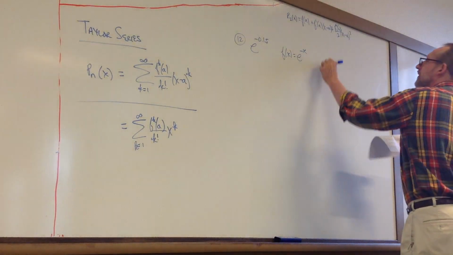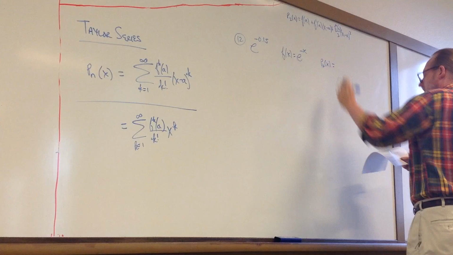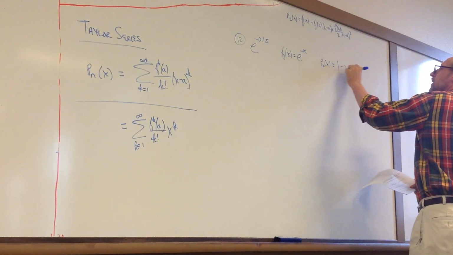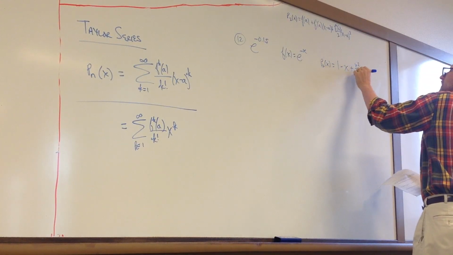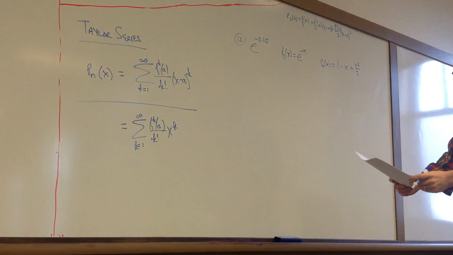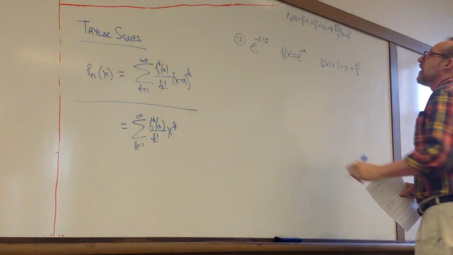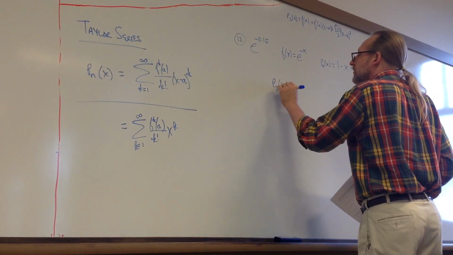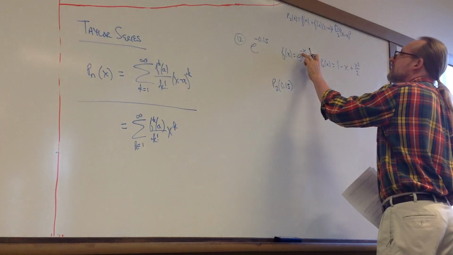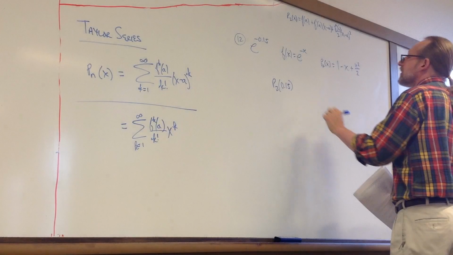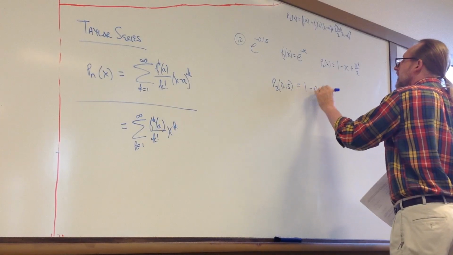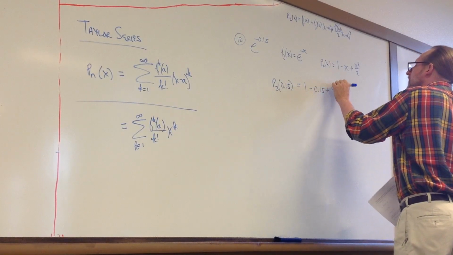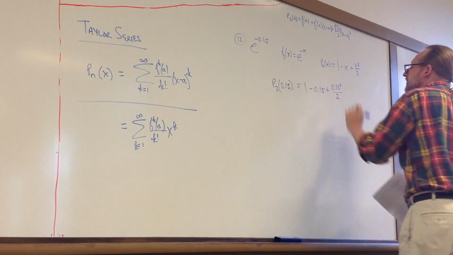And our p2 of x here is what? 1 minus x plus x squared over 2. Right. Okay. So p2 of positive 0.15, remember because that negative is part of the formula, is going to be 1 minus 0.15 plus 0.15 squared divided by 2.